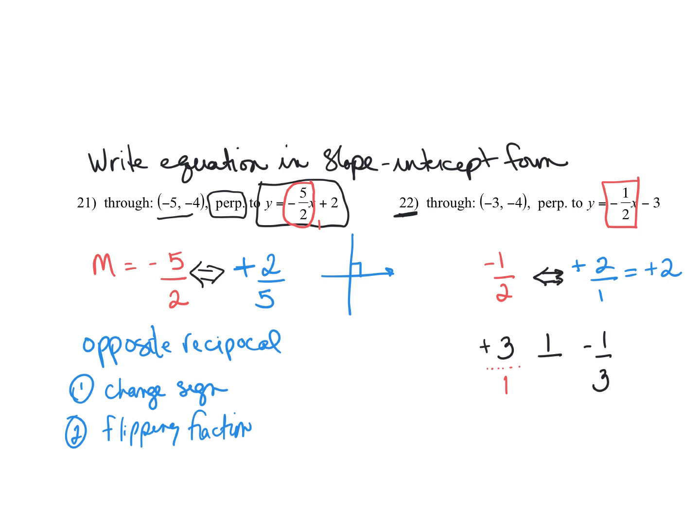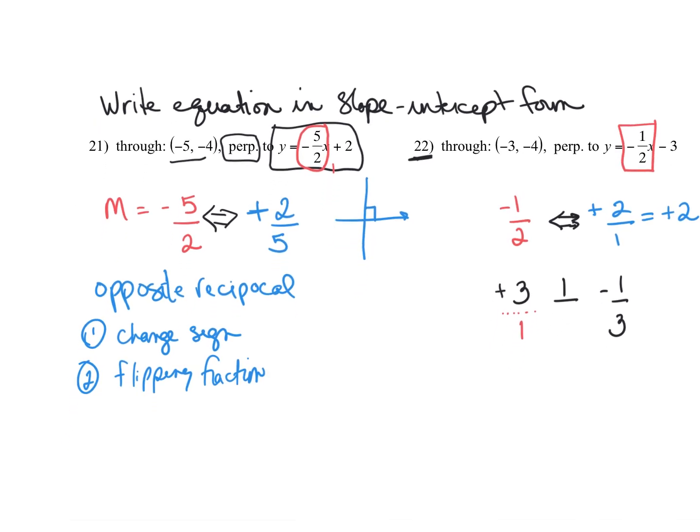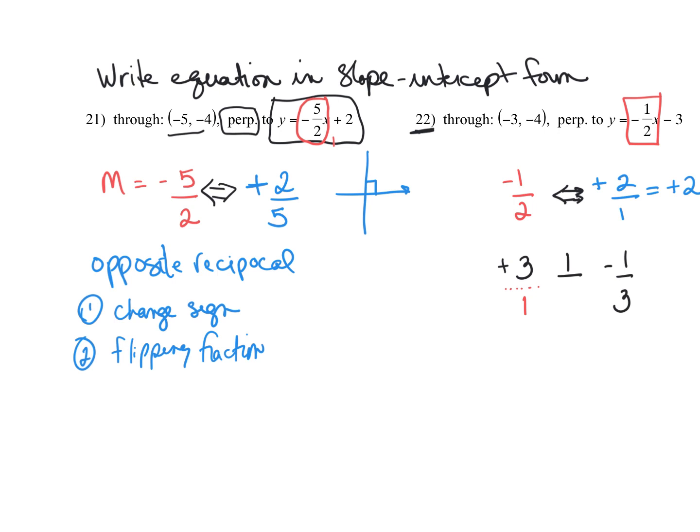So now that I have my slope, I can work on finding my y-intercept, or my b. We've been working with y equals mx plus b, or slope-intercept form, this entire time. And as with all the other examples, I need to fill in my values for m, x, and y.